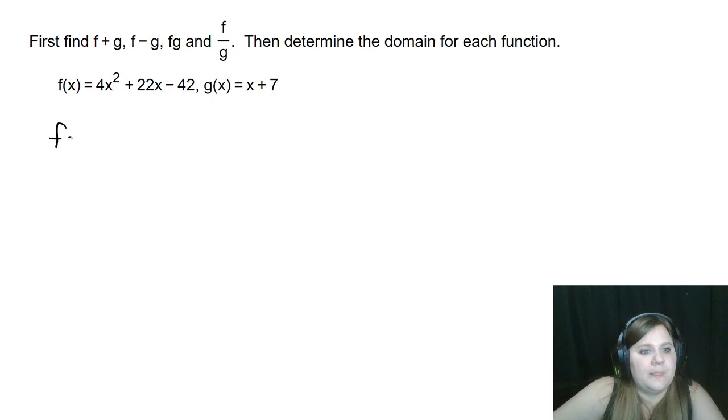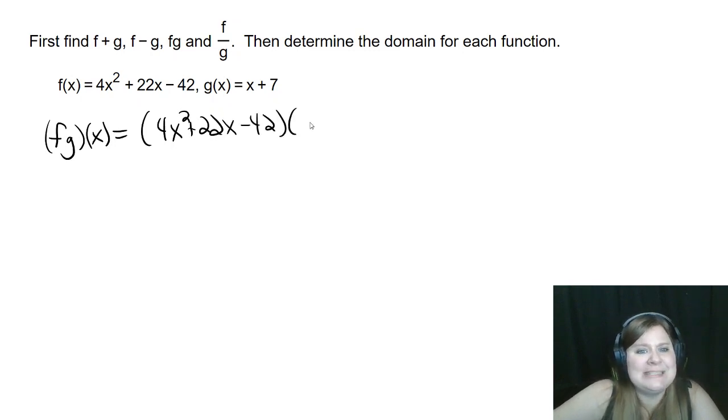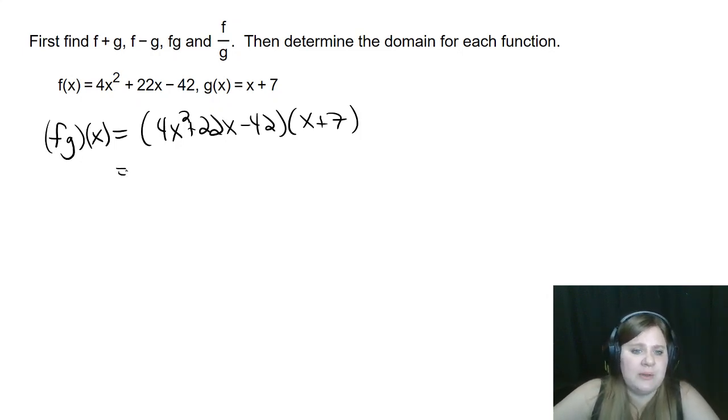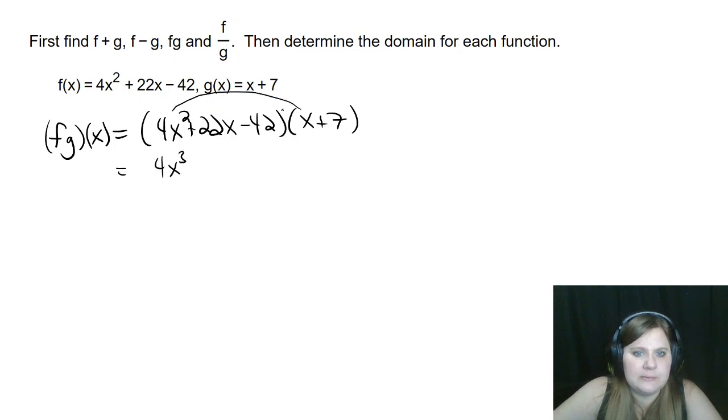So, f times g of x means I'm going to have 4x squared plus 22x minus 42 times x plus 7. Now, this does mean that I'm going to need to distribute. I'm going to distribute the x and the 7 because it's just going to make it a little prettier. So I start by distributing the x.